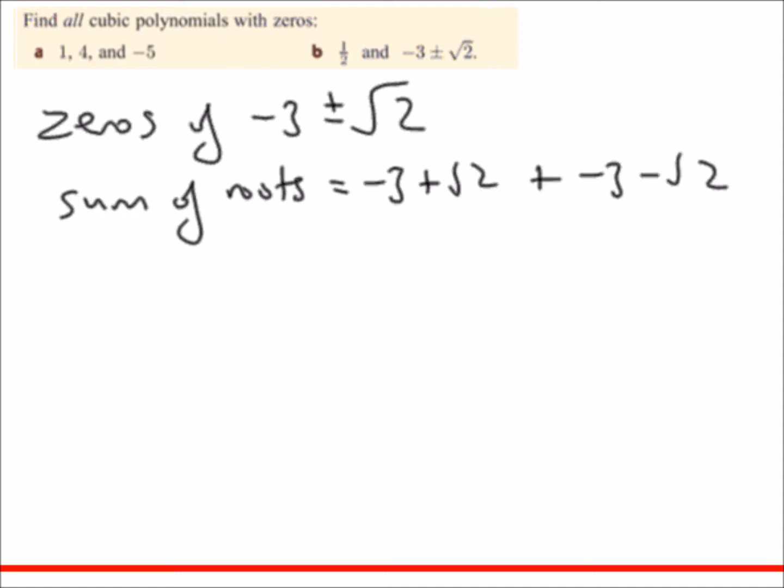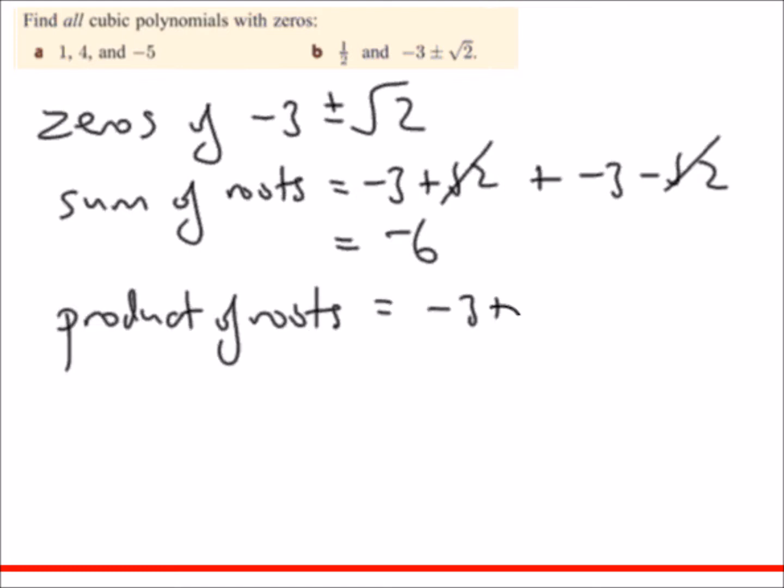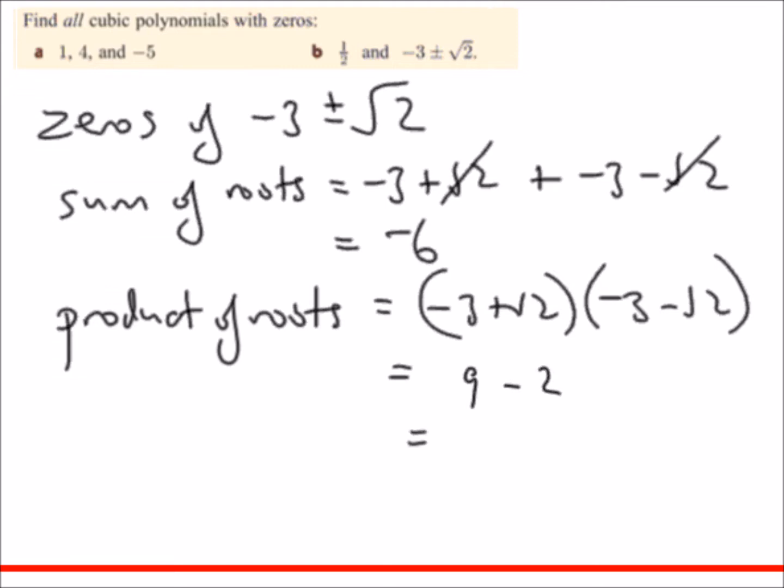We end up with the root 2's cancelling out, and negative 6 is the sum of our zeros. The product, multiply that conjugate pair together, we have difference of two squares, so we've got negative 3 squared is 9, and root 2 squared is 2, so 9 take 2 gives us 7 for the product.